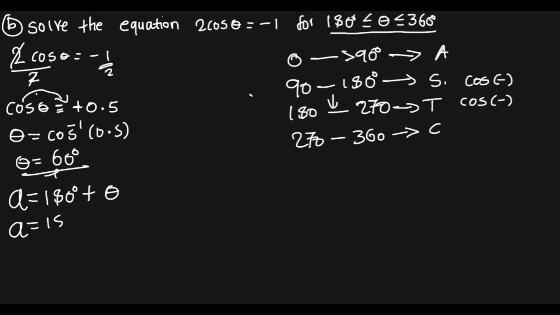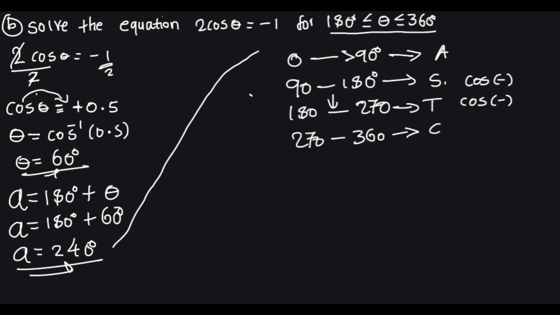The first quadrant gave us an angle of 60 degrees. So if we add 180 plus 60, it will give us 240 degrees. So this is our answer, and we can see that this answer is falling in this limit here.